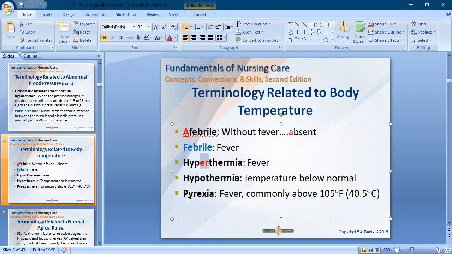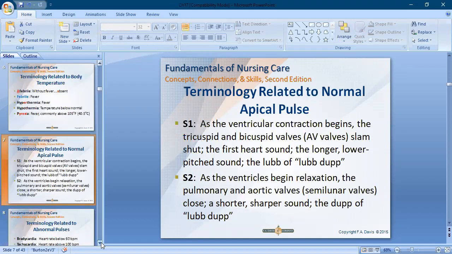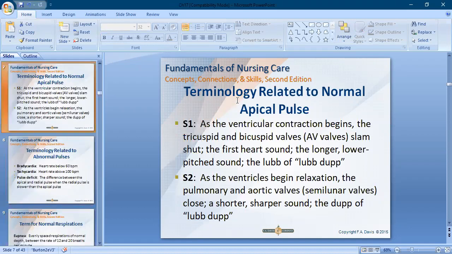Another word is pyrexia. Pyrexia means hyperthermia. In pyrexia, the patient has a fever, commonly above 100.5 degrees. So we say hyperpyrexia. Go next here. Basically, terminology related to the normal pulses.